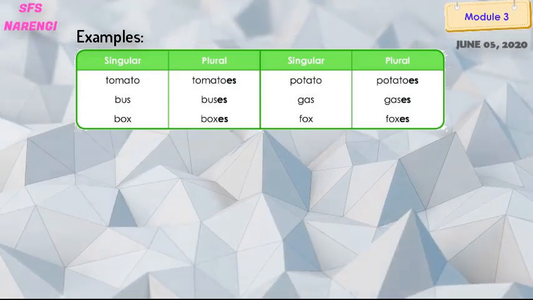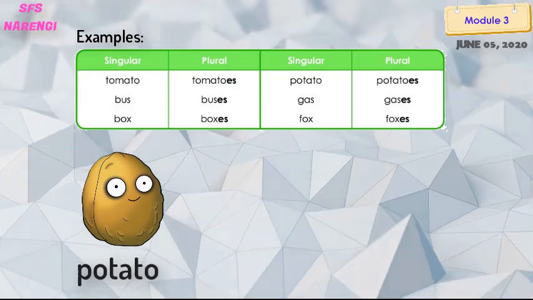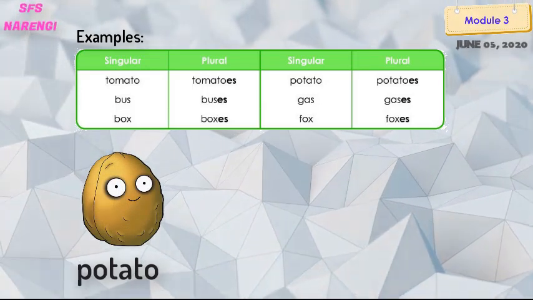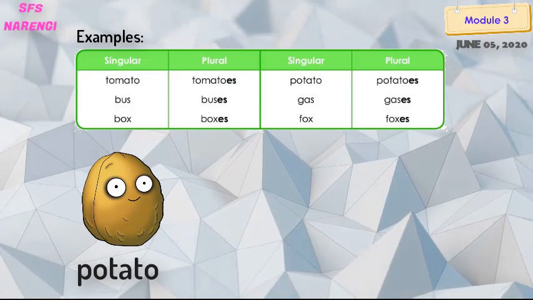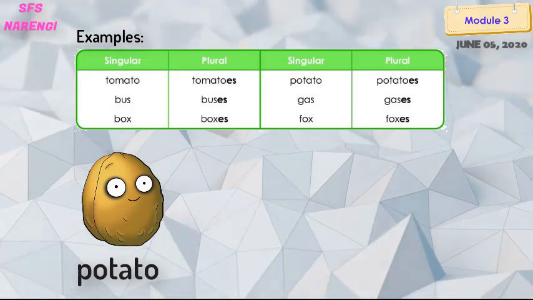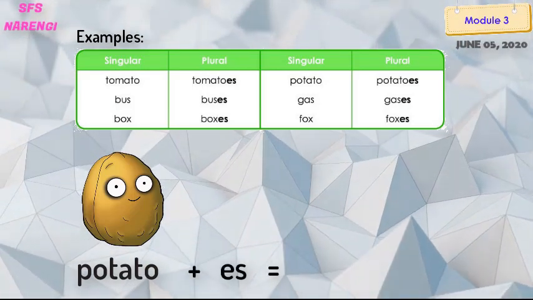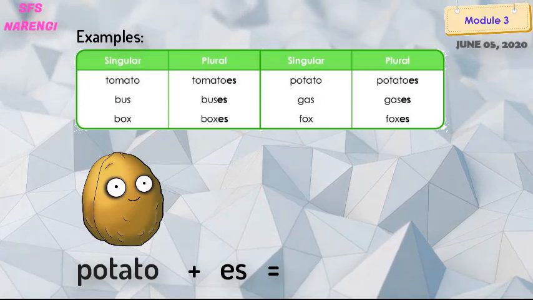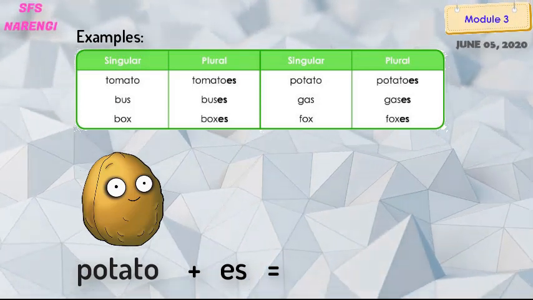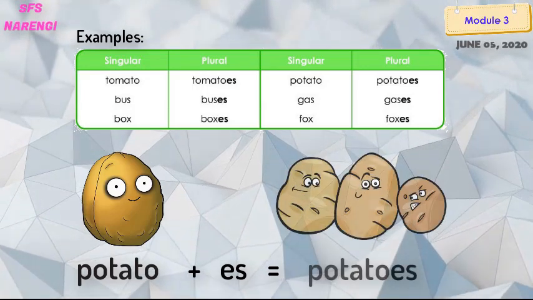So come to the next word now, potato. Can you see that? Okay, so the word potato here is singular, right? And the last letter of the word is O. So what do we have to add here? We have to add es to form the plural form of potato, which is potatoes.